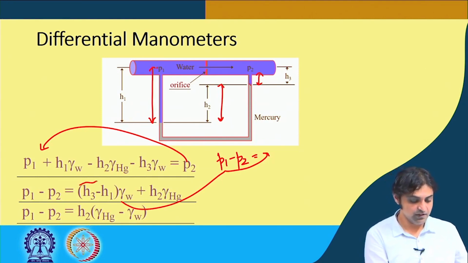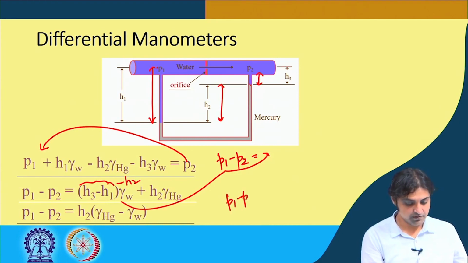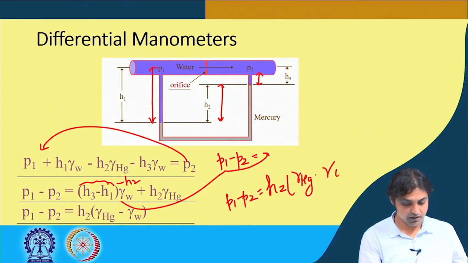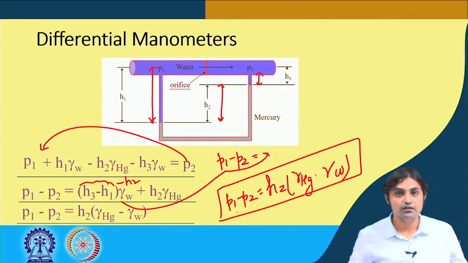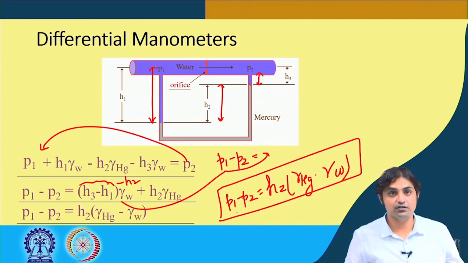So this can be written as minus H2 for this term. H2 can be taken out and we can write P1 minus P2 is equal to H2 (gamma Hg minus gamma water), and this is the pressure difference. Very simple question on differential manometers, and this is how it works.